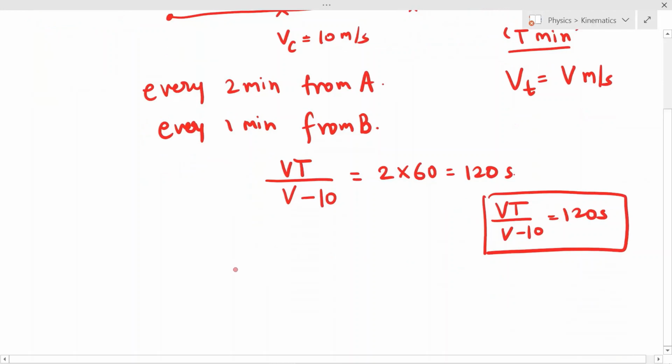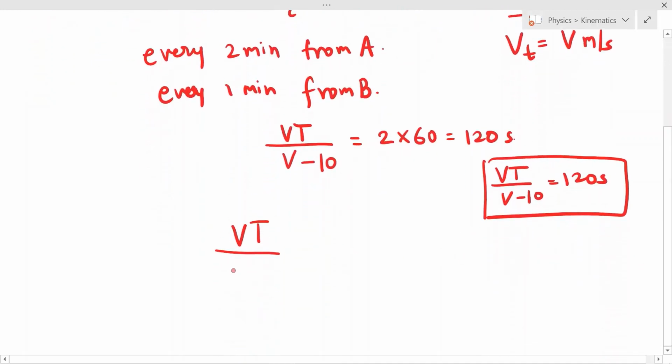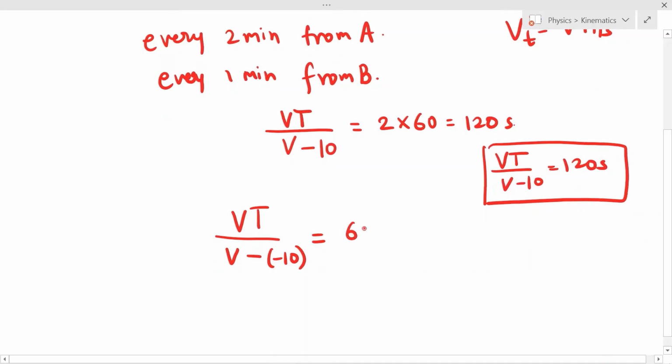Now with respect to the cyclist, the velocity of the cab will be V minus of minus 10, which is V plus 10. So this will be Vt divided by V plus 10, and this will be 60 seconds.